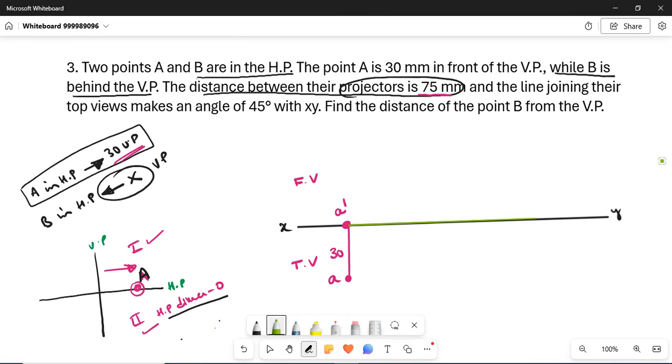First of all, what is the distance between these two projectors? It will be 75. Mark another point on the XY line, because between the A projector and the B projector the distance will be 75. Now think about the B point. He has not given it here. B is in the HP, but it is behind VP.